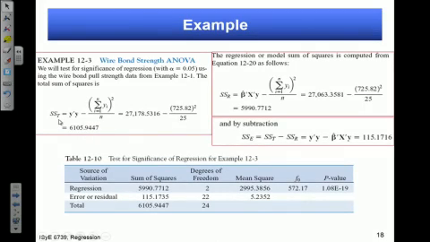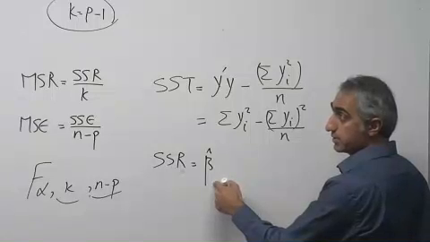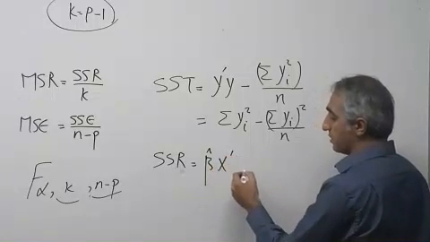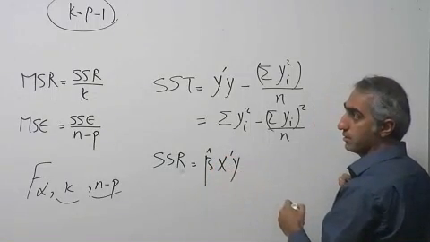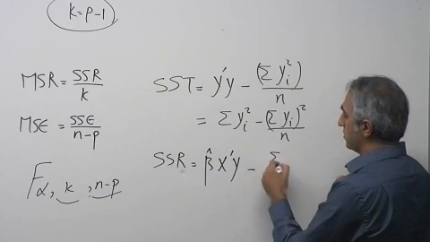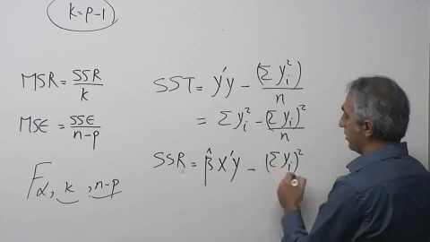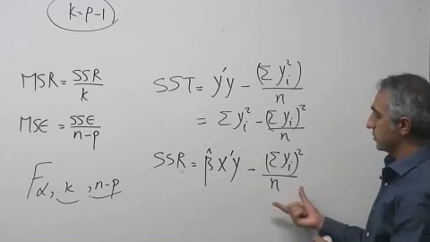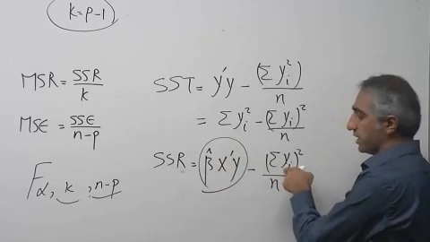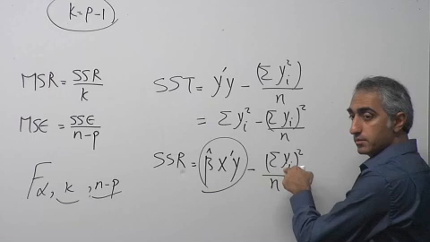How about sum of squares of regression? So you use beta hat. This is the vector of beta hats. X transpose matrix times y minus summation of yi squared divided by n. So this is a vector. This is a scalar. Okay?